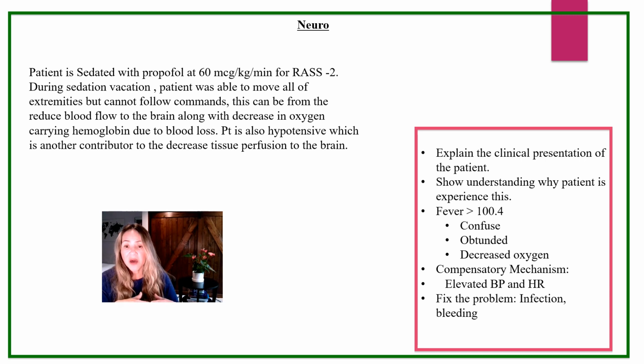Also, your hemoglobin is so low, like in this case, for example, your hemoglobin is 6.5. So what is going to happen is the oxygen doesn't have enough hemoglobin. And as you guys know, oxygen attaches to hemoglobin. So low hemoglobin equals low oxygen. Therefore, the patient will not have enough oxygen in the brain. Therefore, your level of consciousness is going to change, so your mental status is going to change.